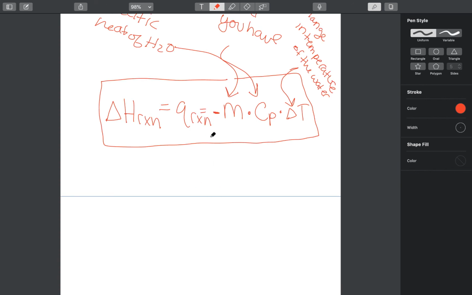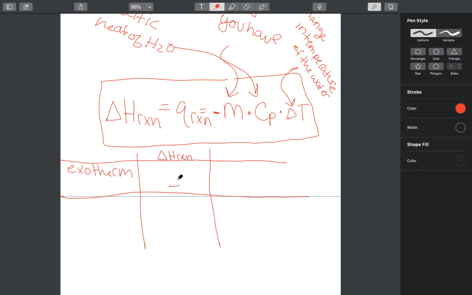As you can see here, we can use this equation to determine whether a reaction is exothermic or endothermic. So remember, for an exothermic reaction, delta H of the reaction is negative.